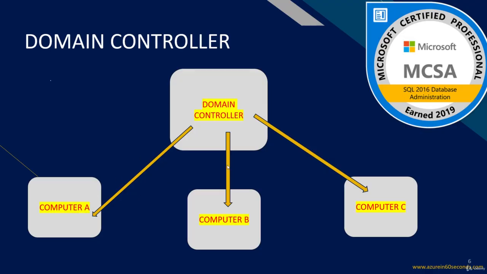If computer B is not on this network, he or she won't be able to log in to their computer because they are not part of the domain. But because computer B is part of the domain, they are able to log in, because it allows the users to authenticate their details.